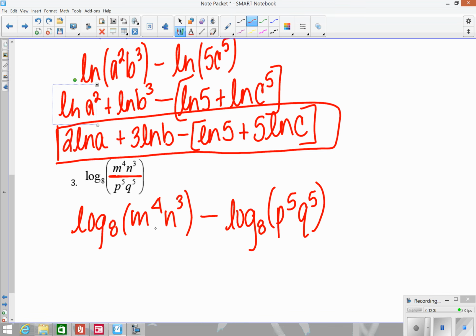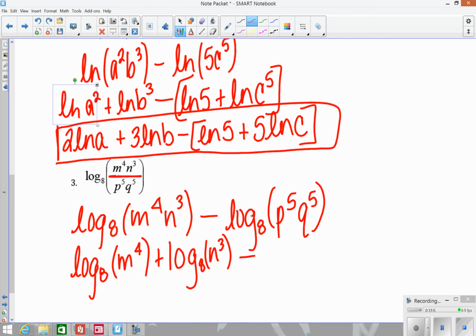Now what I'm going to do is break this up into addition between these. And now this one, remember, because I'm breaking it up, I need to remember to do parentheses around the entire thing.